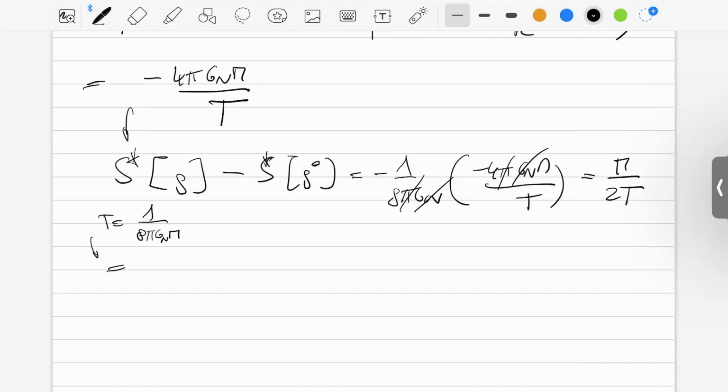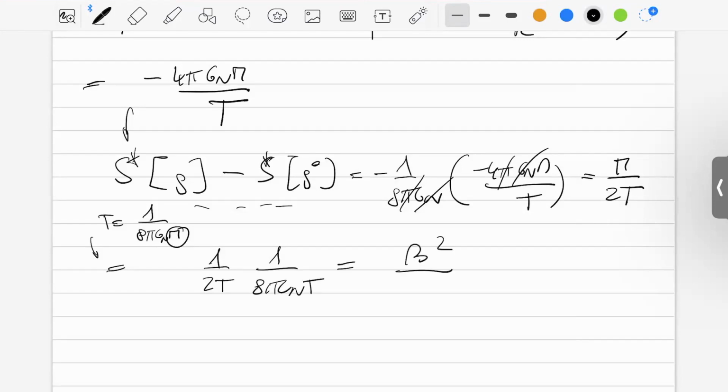So if you now use the previous result, then you can write this difference also in terms of beta, in terms only of T and not of M. So express M in terms of the temperature, so get rid of M and write everything in terms of the temperature. So you get 1 divided by 2T times 8 pi GMT.